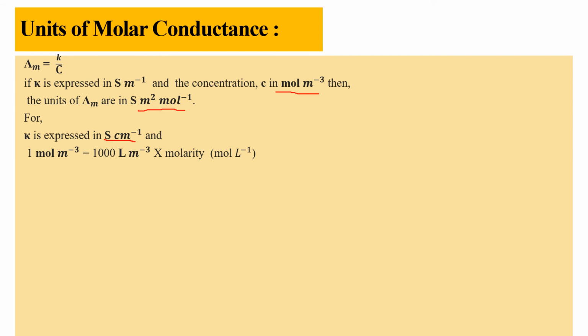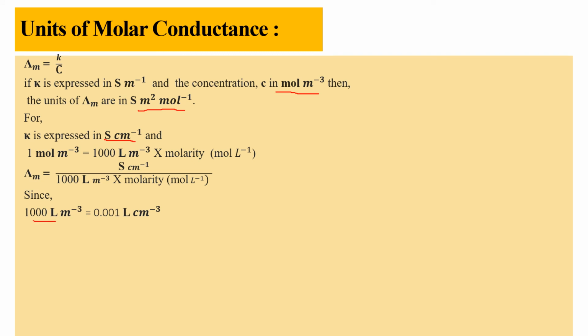Now on putting this into the equation of molar conductivity, we have kappa in Siemens centimeter inverse divided by the molar concentration in terms of liter per meter cube and mole per liter, that is 1000 liter per meter cube into molarity, mole per liter.